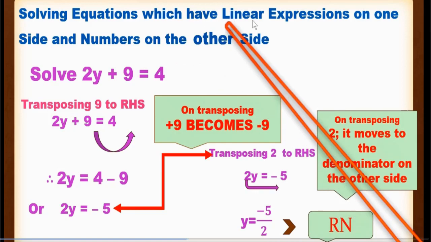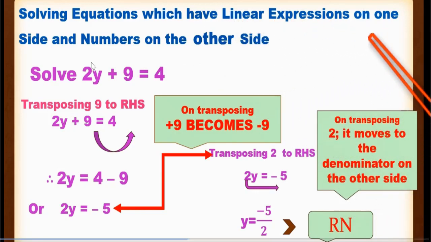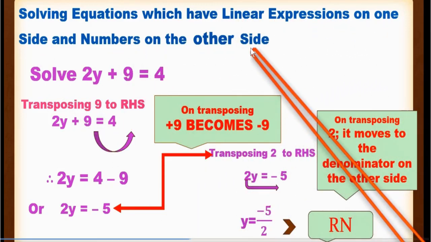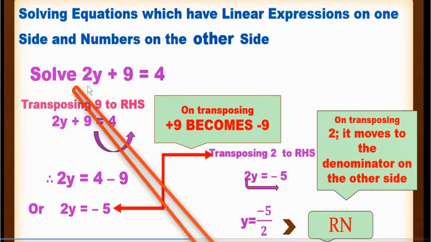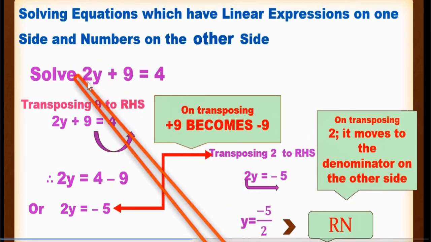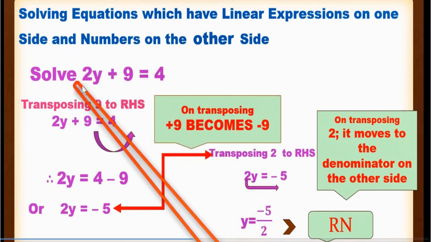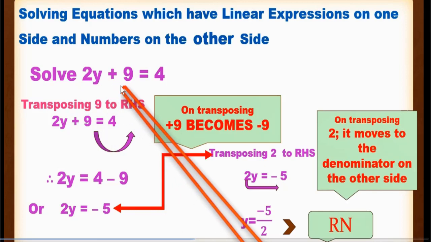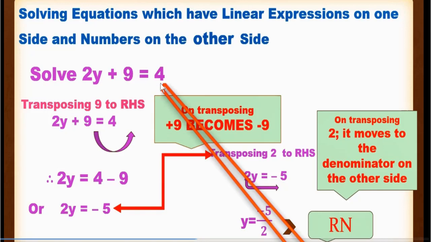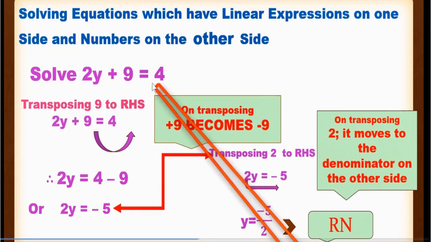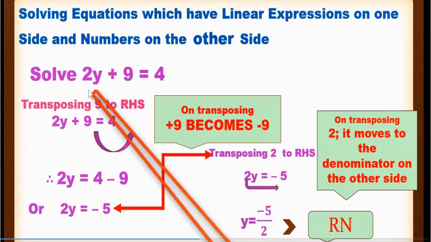Solving equations which have linear expressions on one side and numbers on the other side. Here in this example, we have 2y plus 9 in the LHS, which is a linear expression in one variable, and the number 4 is in the RHS. Now, let us understand how to solve this equation.